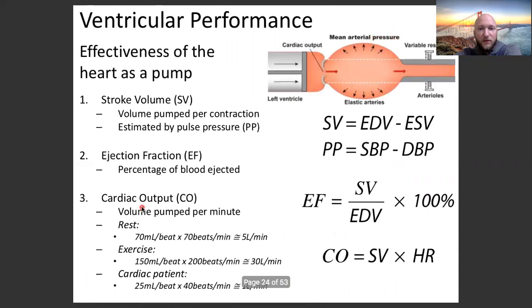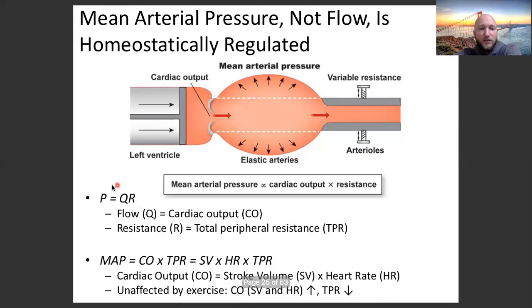So if we look at this equation right here, pressure is equal to flow times resistance. Well, we can rewrite flow as cardiac output.